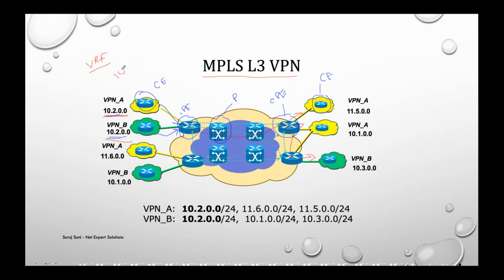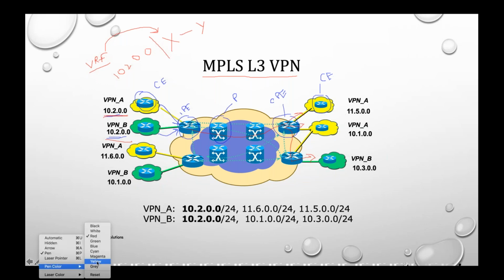By the use of VRF, here's 10.2.0.0. This 10.2.0.0 will be mapped with an additional tag, let's say X. This tag comes out of VRF. So 10.2.0.0 with X is the yellow customer. The same thing I will do for my green customer.